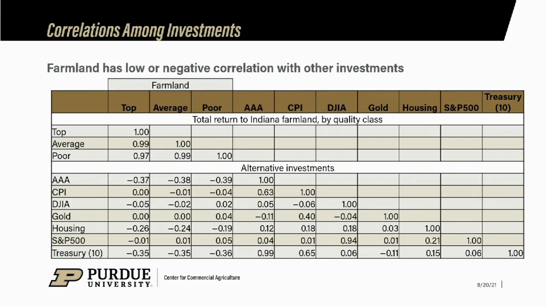Because what we don't want is to put all of your money into a single stock, so that all of your wealth rises and falls with that. So when we spread out and diversify across a complex portfolio, farmland has a really good portfolio effect. It has the ability to diversify because it has low correlation with other things you can invest in, either low or negative, and both of those are preferred to positive and big.